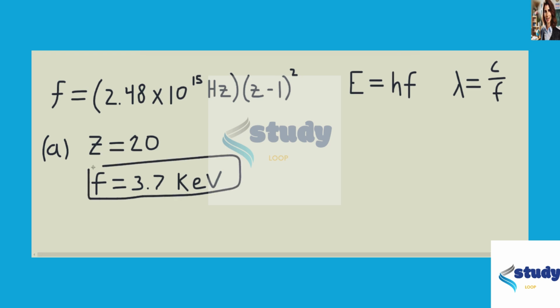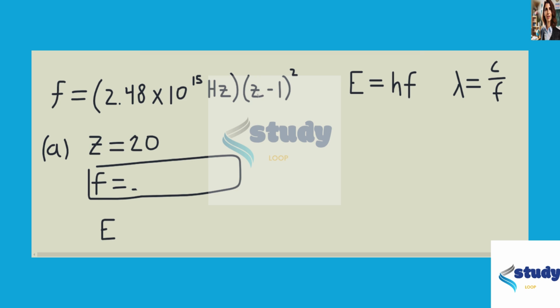Next, calculating the energy, Planck's constant is equal to 4.136 times 10 to the minus 15 electron volt seconds, times the frequency. Oh, I'm sorry, I made a mistake. So I said frequency is 3.7 keV. That's actually the energy. I got a little ahead of myself, and you probably noticed that when you plug that in, it didn't work. So again, calculating frequency, 2.48 times 10 to the 15 hertz times Z minus 1 squared.